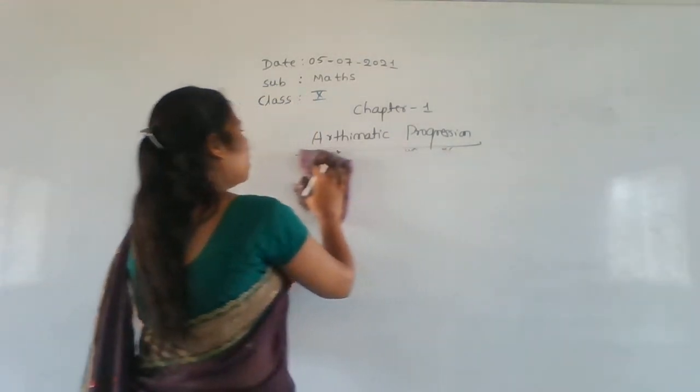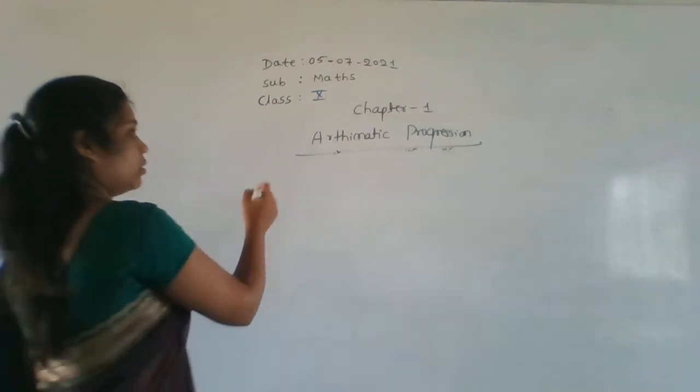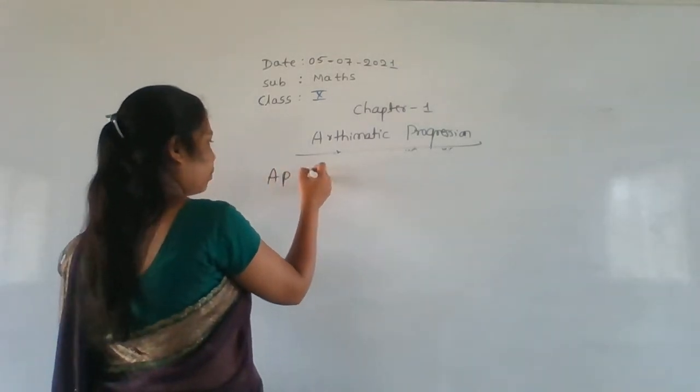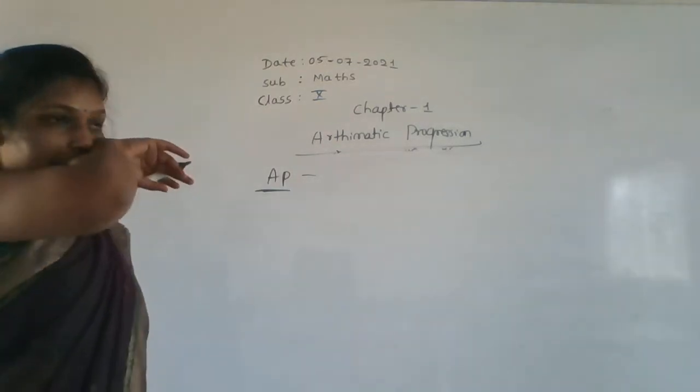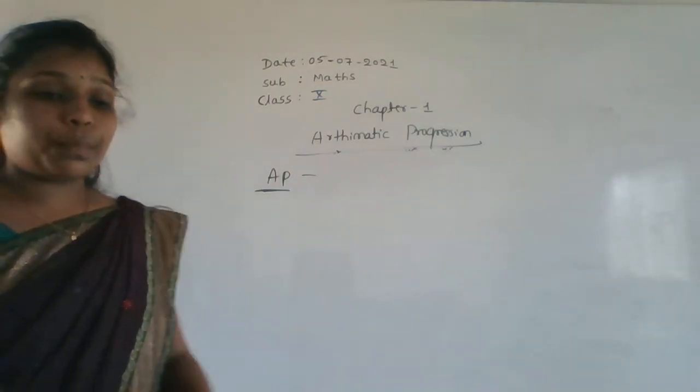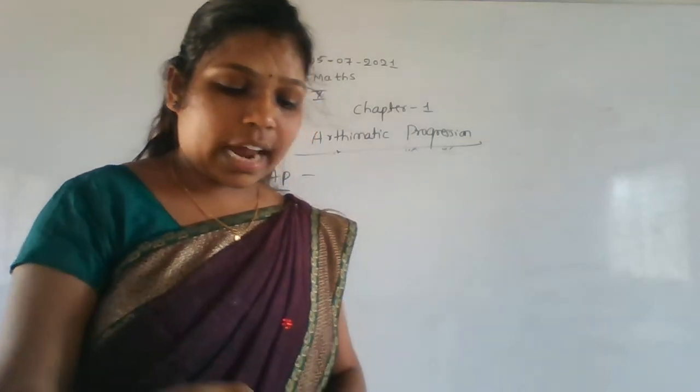Okay. So arithmetic progression. This is the short form of that one. AP is nothing but arithmetic progression. So what is the meaning of arithmetic progression?